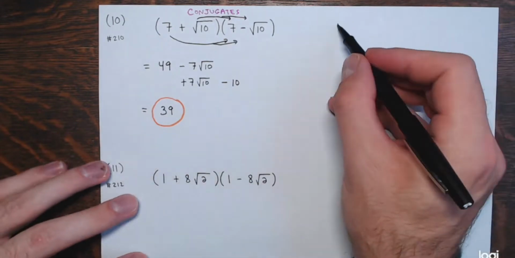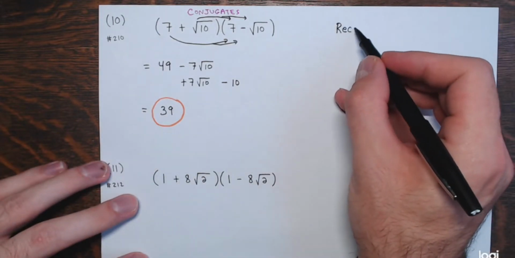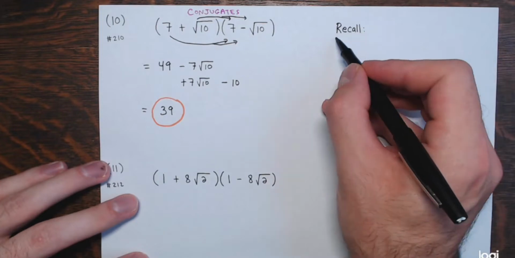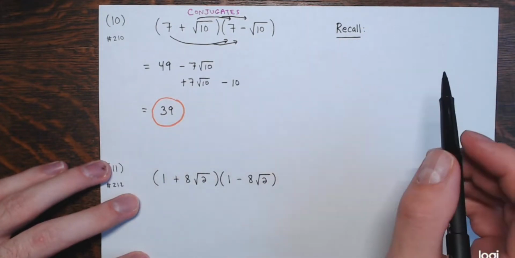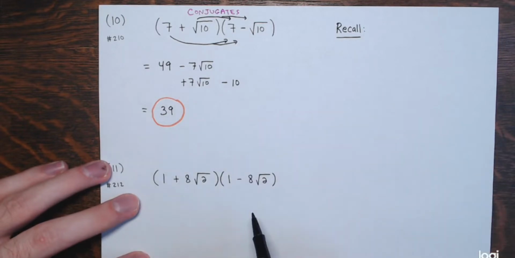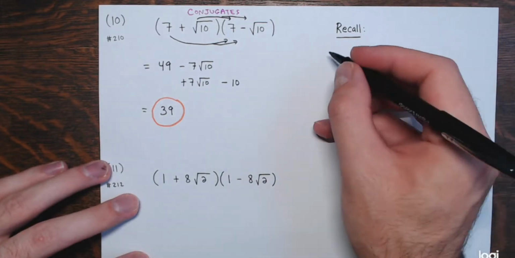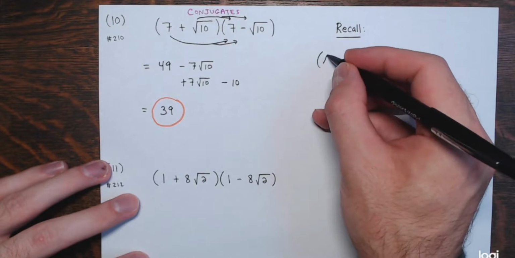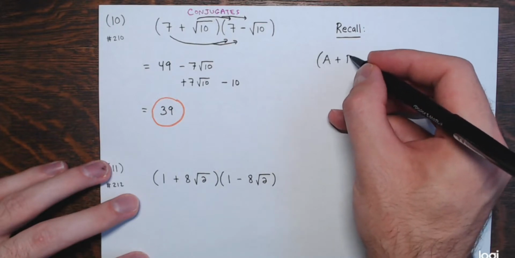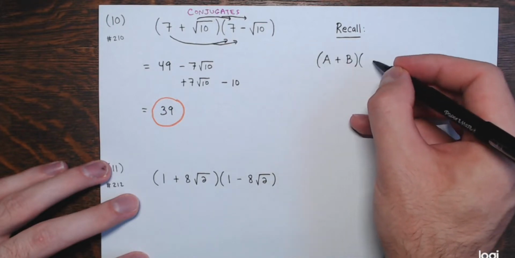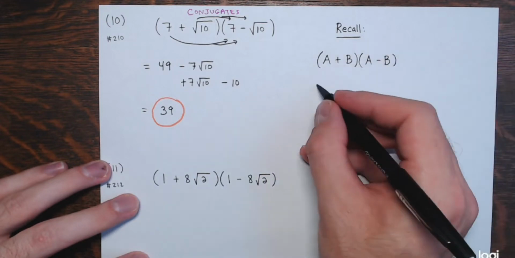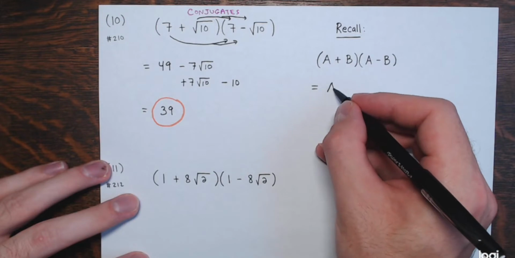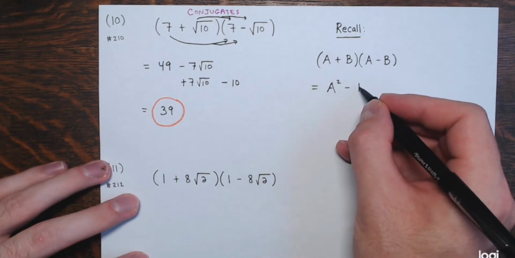But if you remember that multiplying two binomial conjugates results in a difference of squares, that'll make these problems really easy, right? So if you have a plus b multiplied by its conjugate, a minus b, you end up with a squared minus b squared, right?